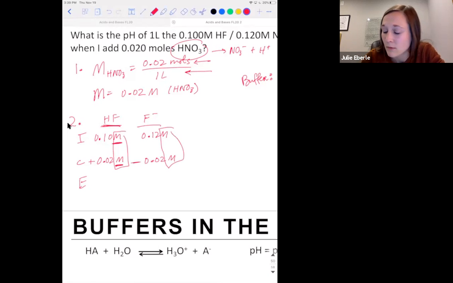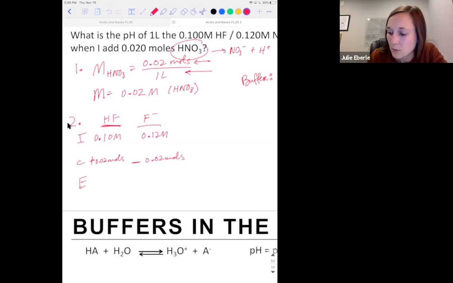If they don't, here's what a lot of people do. A lot of people would write in 0.02 moles. But moles and molarity are two different units.